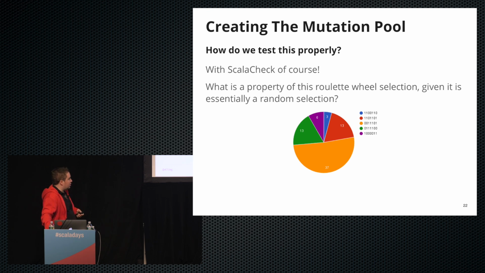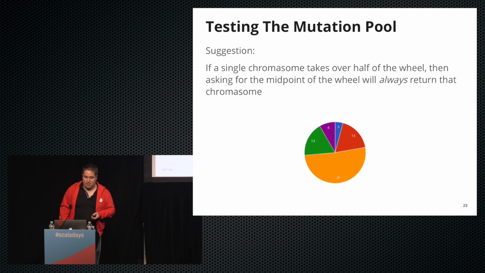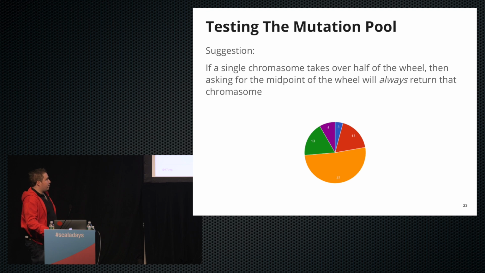And so there's just our wheel again. Here's one I thought of while I was writing this: if we create some pool and one of the chromosomes in the pool takes up half the wheel, i.e. it's really, really fit compared to the rest of the population, then when we look at the midpoint, 0.5, because I said the parameter was normalized between 0 and 1, that will always return that chromosome.